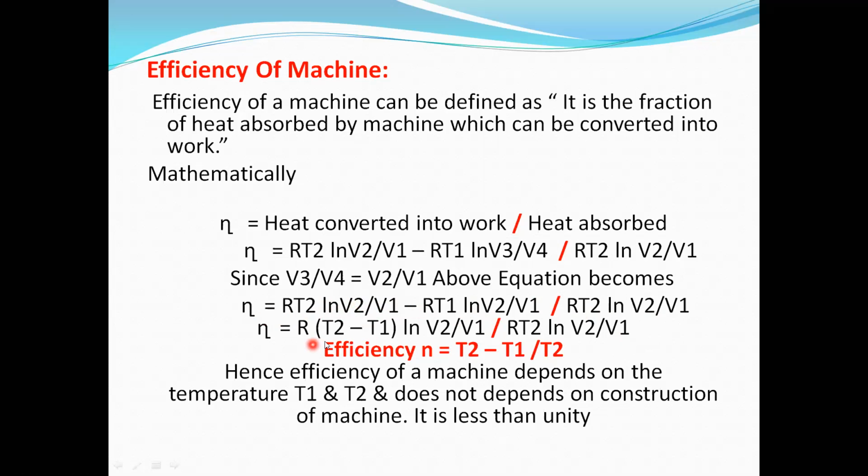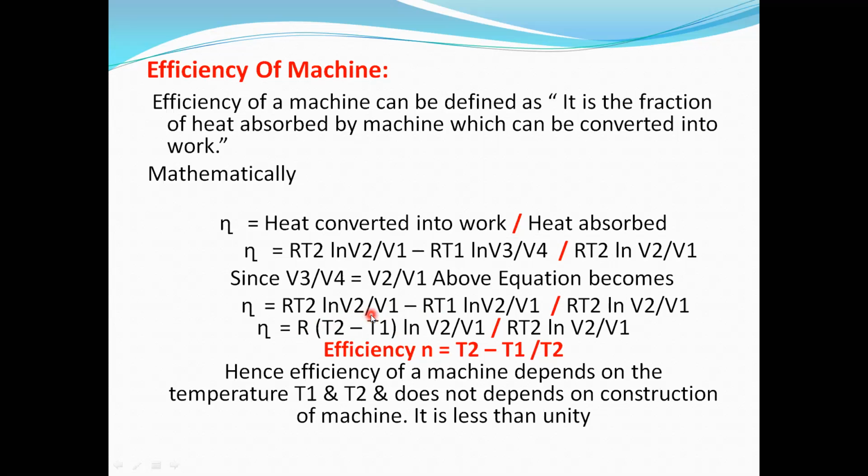Now see in the numerator which terms are common. In the numerator, this R and this R are common. Remember that this is the numerator and this is the denominator. We have taken the R common. Also, which quantity is again common in the numerator?